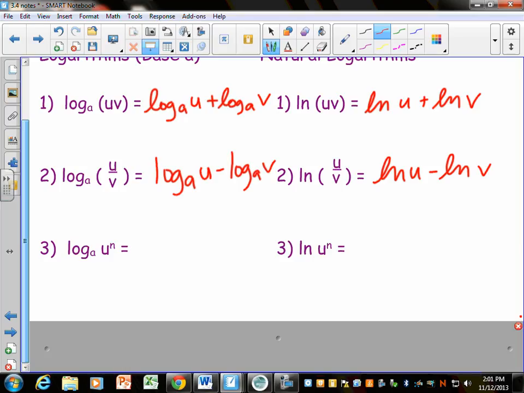So you can take this and bring it to the front and make that n times log base a of u. You can pull this in the front, and you can make that n times ln of u. And that's helpful when we're solving some equations. Or when we're solving equations, it's helpful to put it back up there.